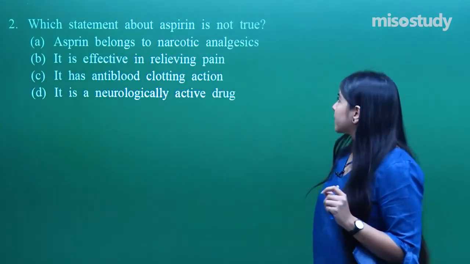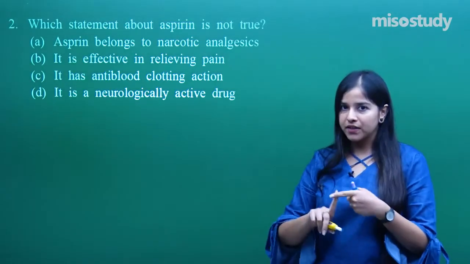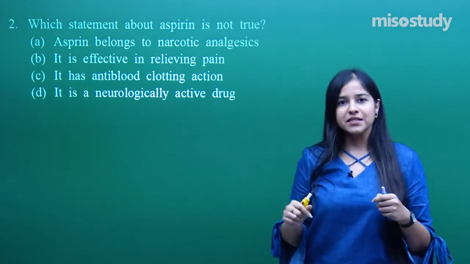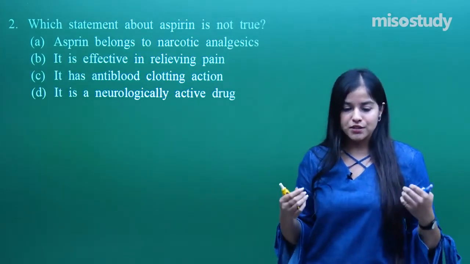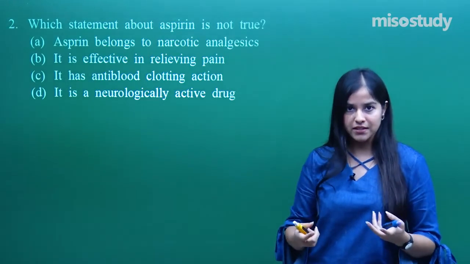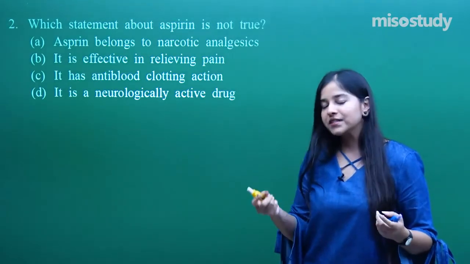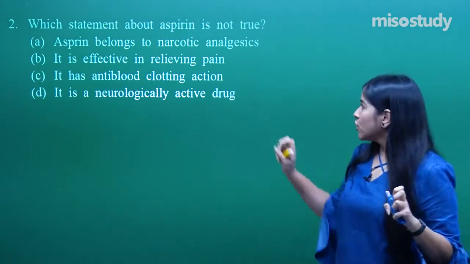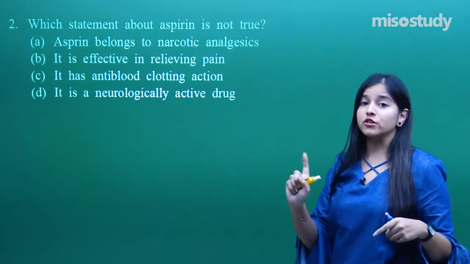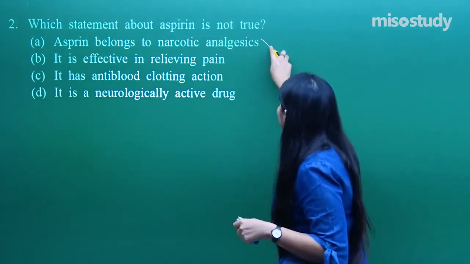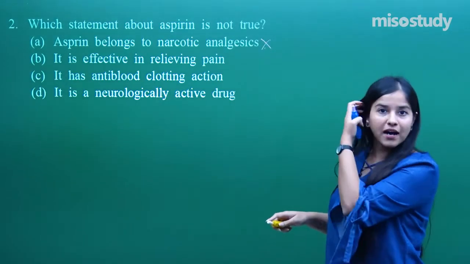Narcotic means it induces hallucinations and makes us drowsy, dizzy, like when we say doing drugs. Having aspirin does not lead to narcotism. So this option is incorrect and this is the answer.